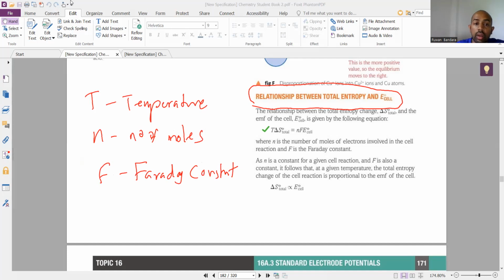So for a given temperature, temperature is the same, and for a given reaction, the number of moles is also the same, right? Faraday's constant is anyway constant, therefore you can say S total is directly proportionate to E naught cell.